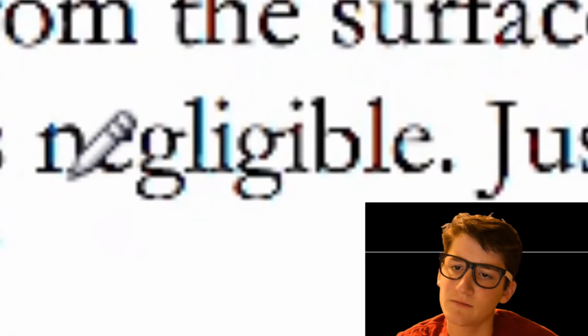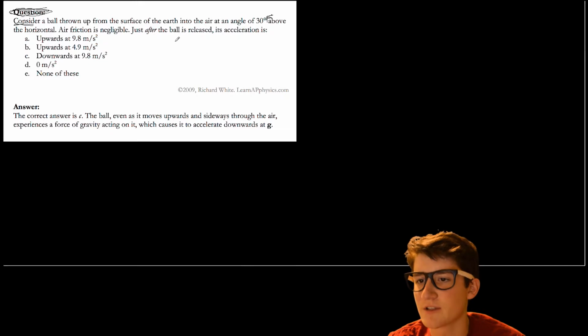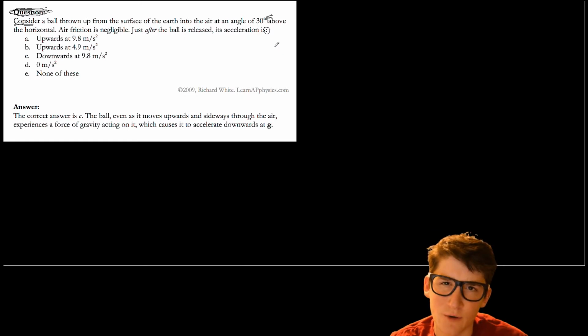They mean 30 degrees Fahrenheit above the horizontal. Air friction is negligible just after the ball is released. Its acceleration is colon. You know it's a trick question when they put a colon at the beginning and at the end.